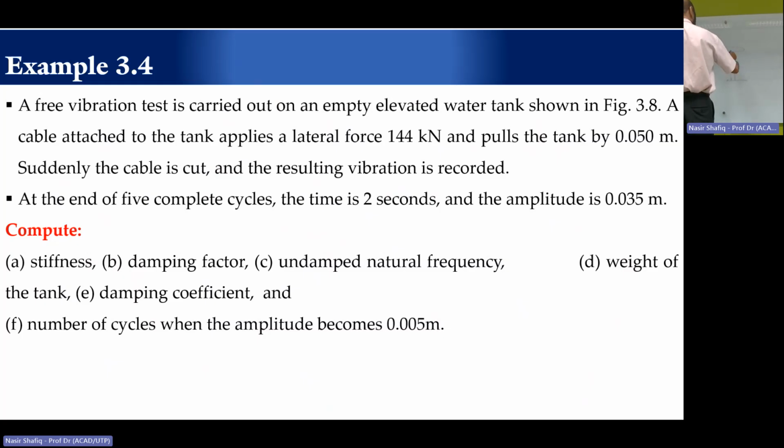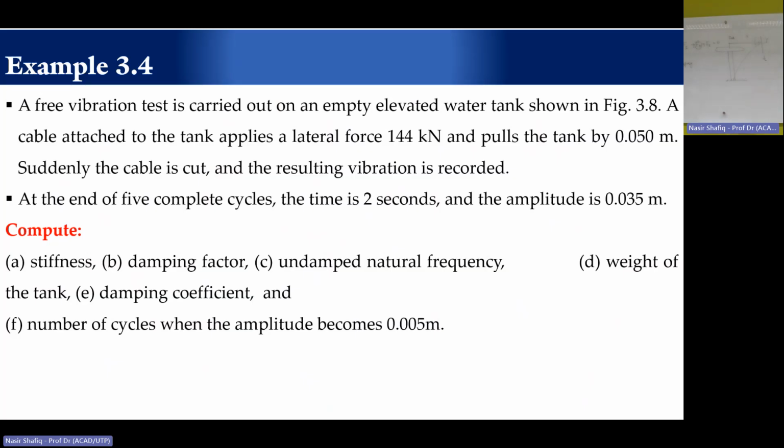This is like a tower, and you pull it from its rest position. You apply a static force and bring the tower or element to a certain position, for example, a distance x.